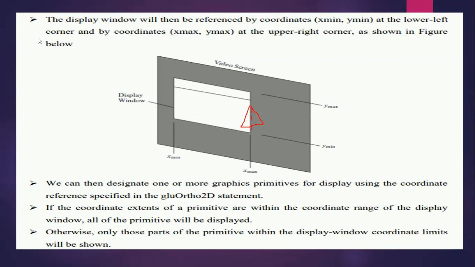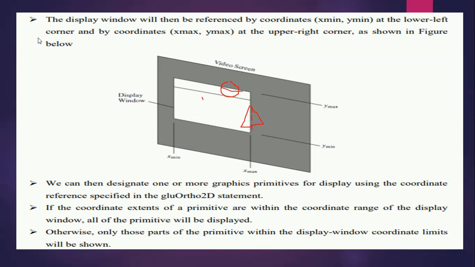Okay, sometimes it happens. You cannot display the complete object within the window. So with a sphere, sometimes if it is near the boundary, half of the sphere will be displayed and the rest will be clipped off.